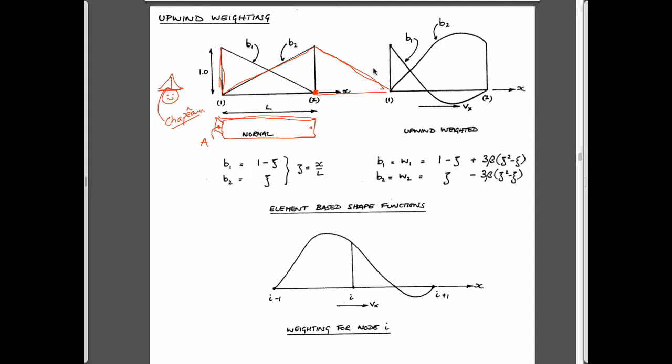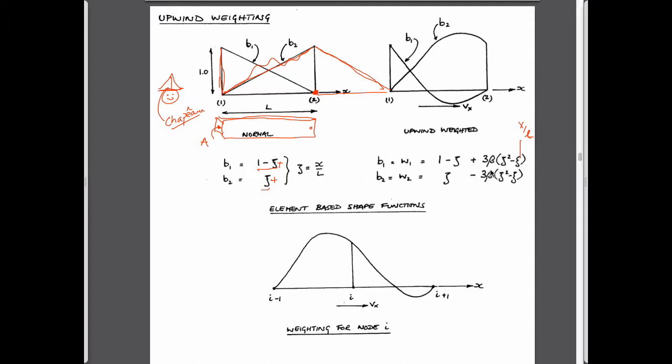What you could do is, instead of using these linear shape functions, you could take them, as we had here, and you could add an extra term to them. And that extra term would change these functions in some way. If that term is something like this, so this psi is just the location along the element, so I guess uppercase L, right?